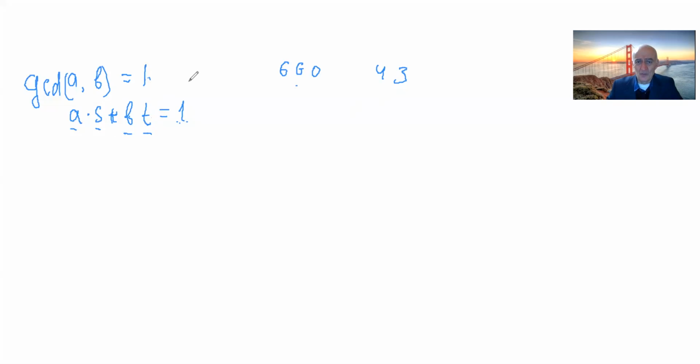But now my question is, if A and B are relatively prime numbers, can I claim that there exists an integer S such that A times S is congruent to 1 mod B?